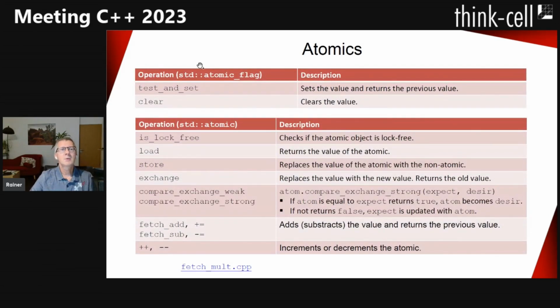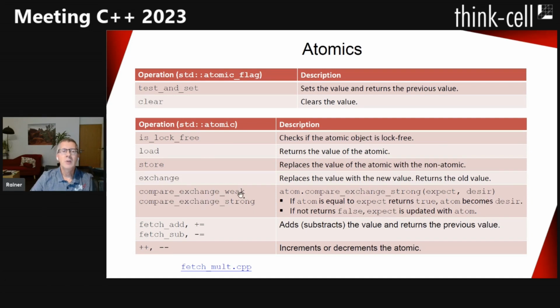So what can we do with that? With atomic flag, of course, you can say test and set and clear. And for std::atomic, we have essentially the following operations. is_lock_free returns true or false, if it's lock-free or not. You can load, store a value, you can exchange them. And these are the bread and butter operations of atomics.